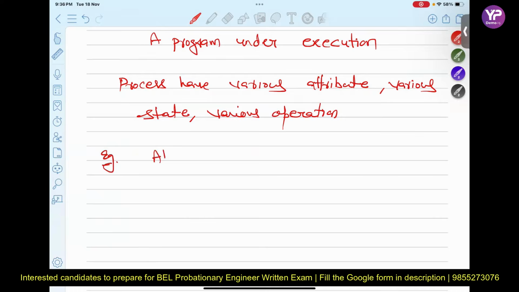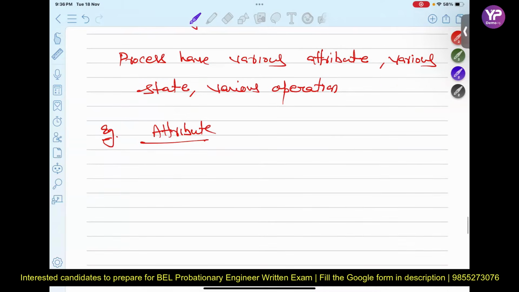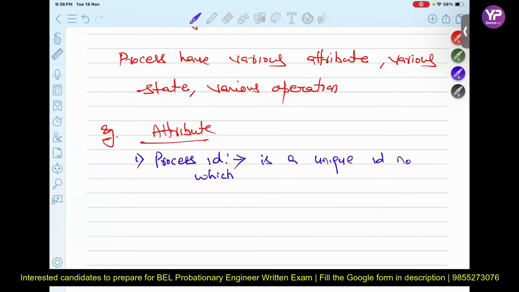If I talk about attributes, the first one is process ID. It's a unique ID which is given by the operating system to a process. It is an identification number which is assigned by the OS at the time of process creation.